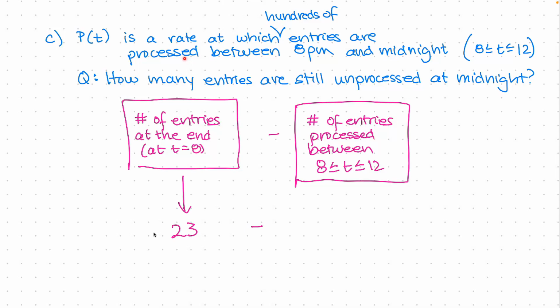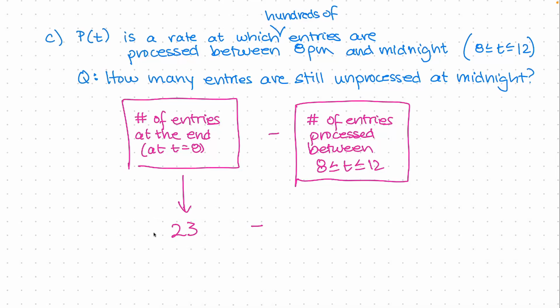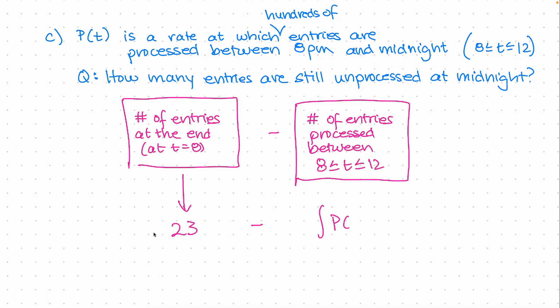So if we want to find the function, we want to undo a derivative, and what action in calculus undoes a derivative? Integrals! This is where we're going to do the integral of a rate, and we're going to go from 8 to 12, because that's the hours that we want to figure out how many entries were being processed.